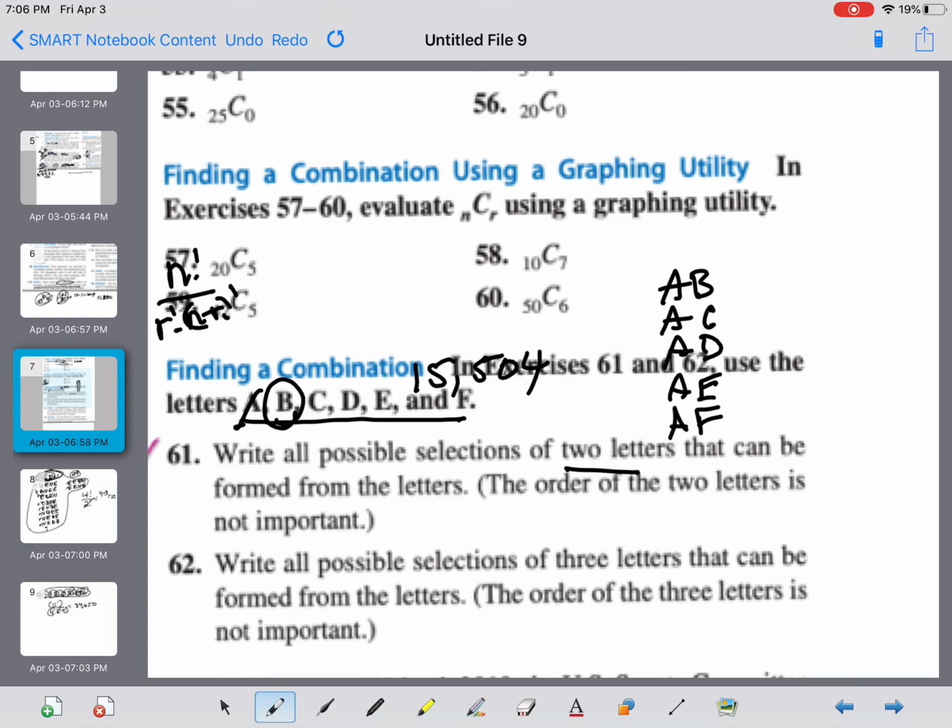Now let's combine B with everybody. All possible selections of 2 letters. And so I've already put B with A. We're just trying to do a group of 2 letters, and so that's already been done.